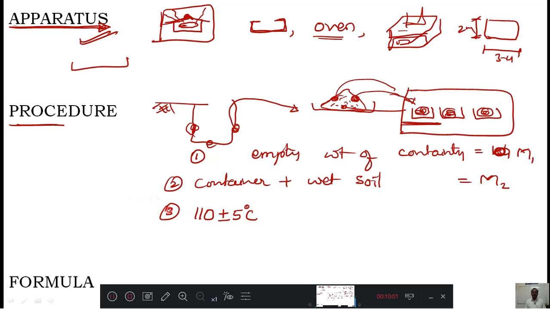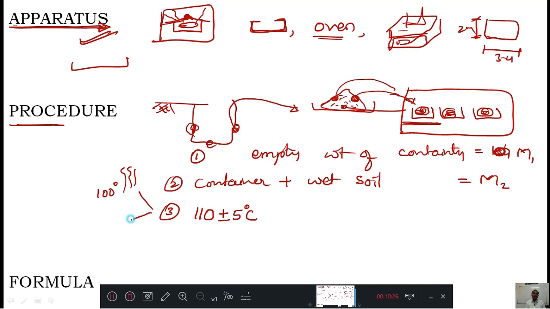See, the water boiling point is 100 degree. If you increase the temperature more than 100 degree, then water can evaporate. If you keep it less than 100, then water will not evaporate. Therefore, we need to always take more than 100.